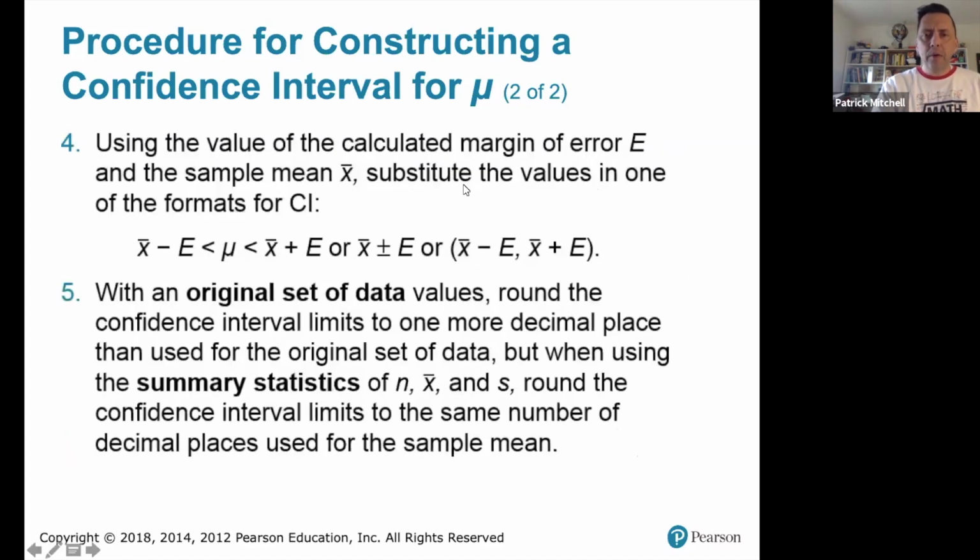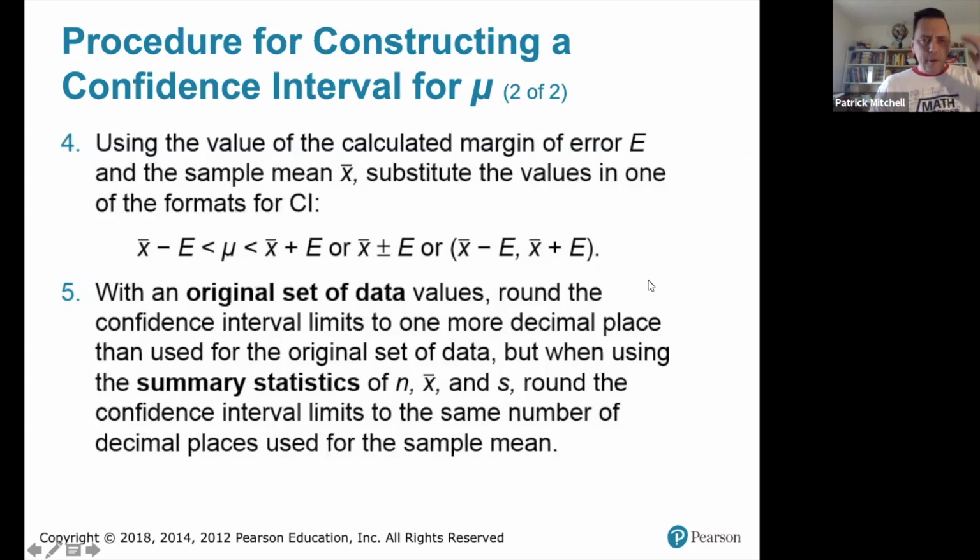Using that value for the calculated margin of error, take the sample mean x bar and do plus or minus E. We saw something similar in the last section. There are 3 different ways to write the confidence interval. Remember that what we're trying to estimate this time is mu. So you can either write mu is between these two values, x bar minus E and x bar plus E, or I like to write it like this, x bar plus or minus E, or you can write it using interval notation.